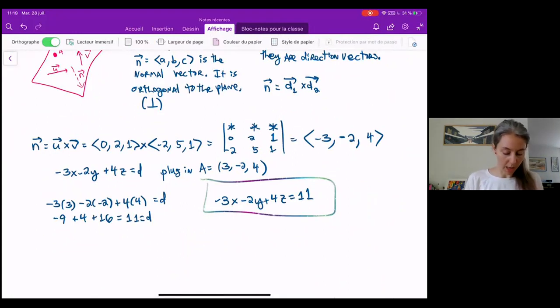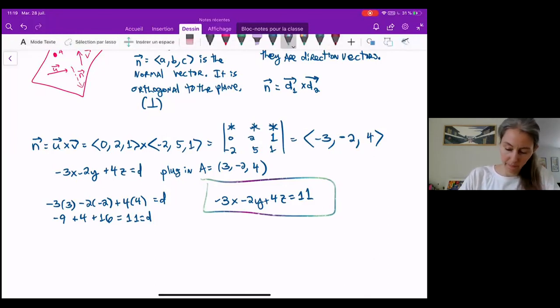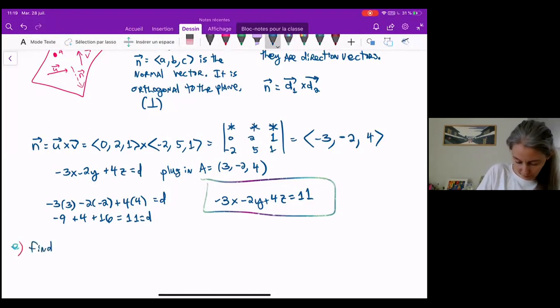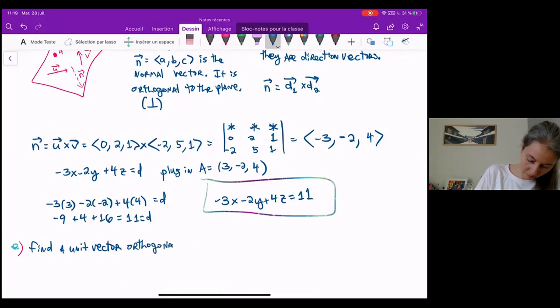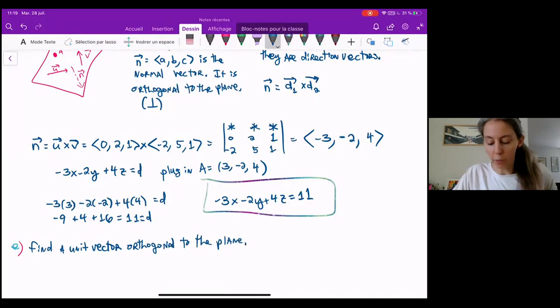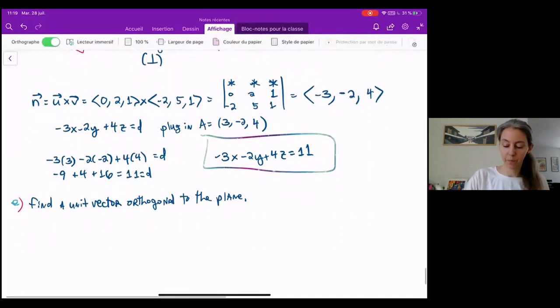So then the last question is I want to find a unit vector that is orthogonal to the plane. And that is E. Well, my normal vector we know is already orthogonal to the plane.